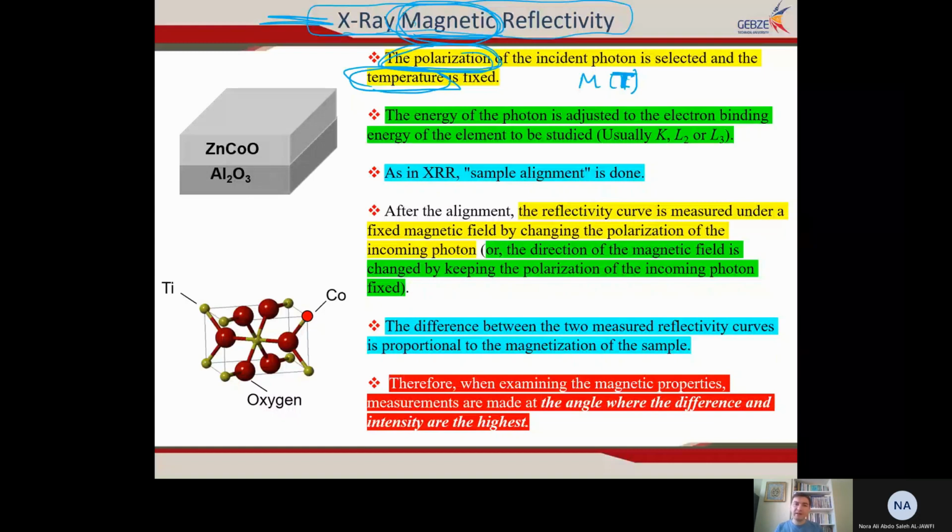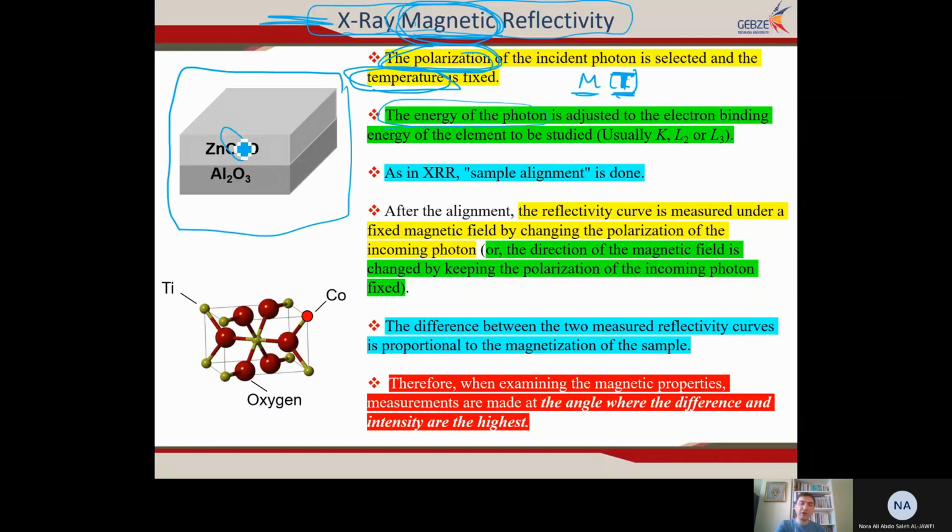And then the energy of the photon is adjusted to the electron binding energy under investigation. So let's consider that here we have this sample structure: aluminum oxide substrate and zinc cobalt oxide. Here we have cobalt, which is magnetic, and you would like to investigate cobalt.